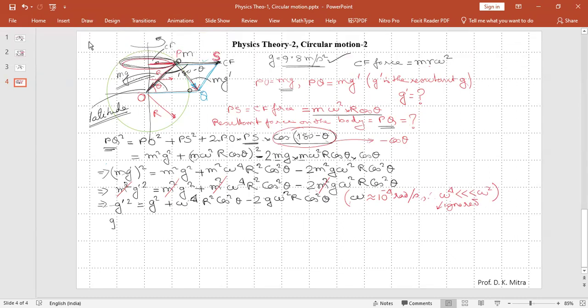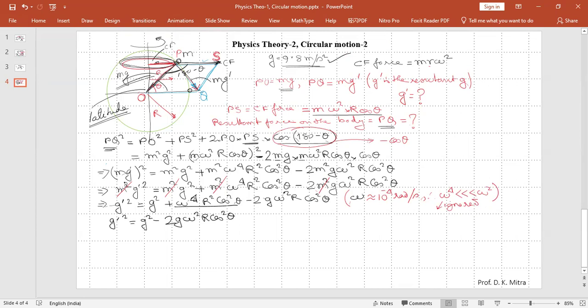g dash square is equal to g square minus 2g omega square r cos square theta.